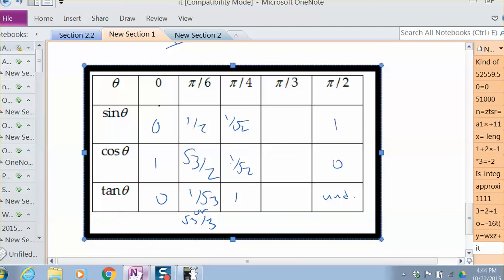You can also make them root 2 over 2 for sine and cosine for pi over 4 if you want to rationalize the denominator. Root 3 over 2, 1/2, and root 3. So let's make sure you're comfortable with that. Okay, that concludes the notes for 3.5.